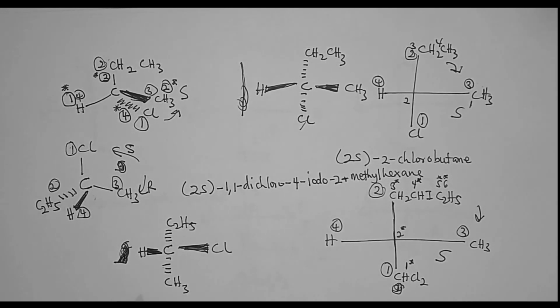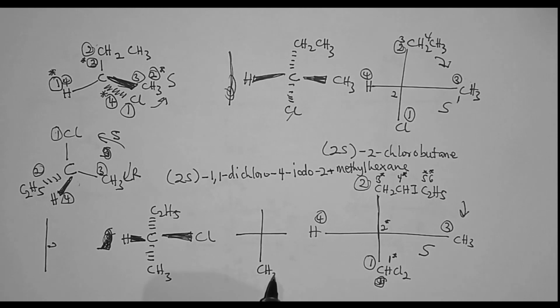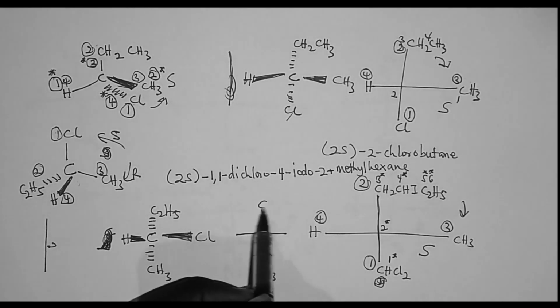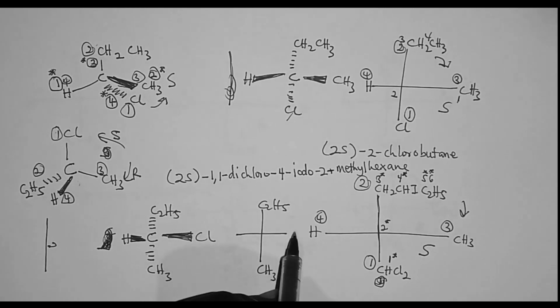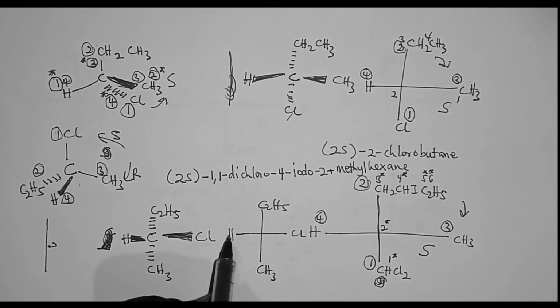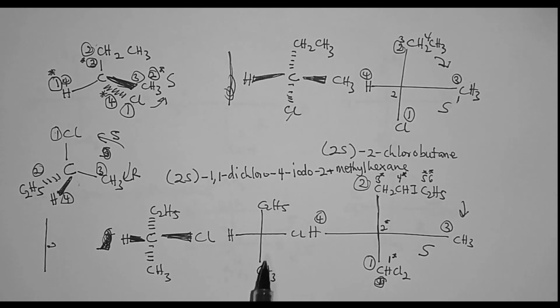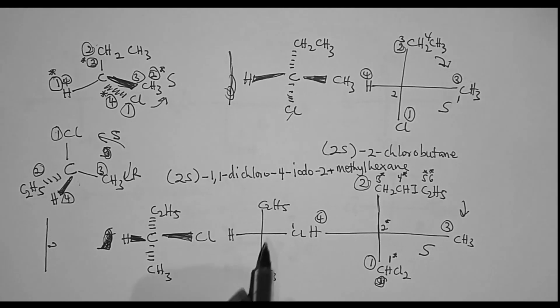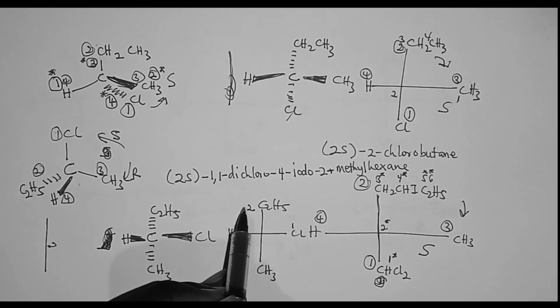And therefore, in terms of Fischer projection, this is going to look like this. This is CH3. And then this is a C2H5. A Cl. And then a proton is here. And let's see if the configuration here too is an S. This is 1. And then this is 2.